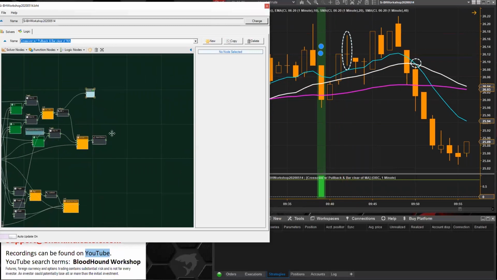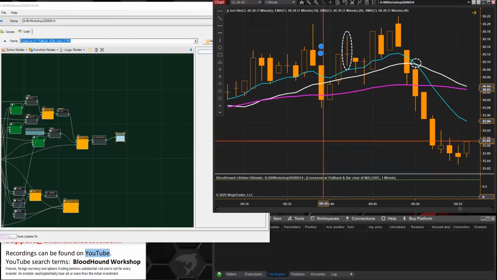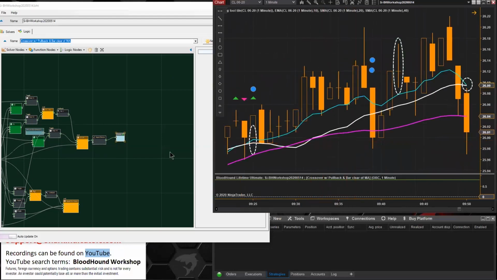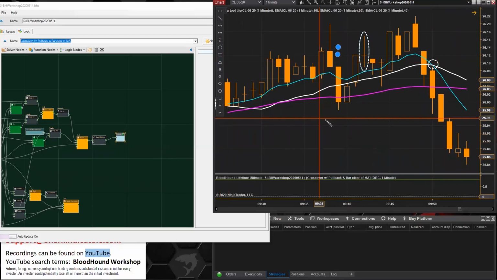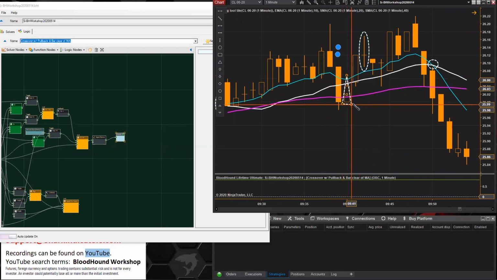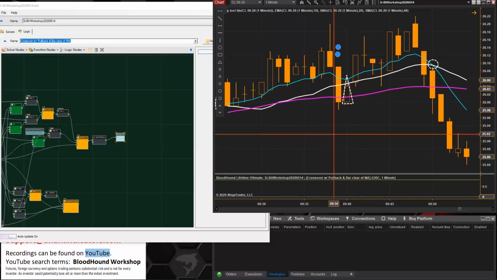All right, let's see what happens. And no signal. Oh, right. I had deleted this triangle, which I put here because this triangle was a disqualifying bar. Remember, this bar, the open and the close, was below our SMA 20. So this is a disqualification bar, and it killed the signal. Perfect. Everything worked great.